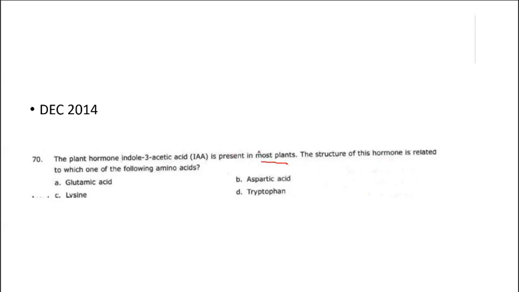Another signaling molecule, jasmonic acid, uses alpha-linolenic acid as its precursor, and the nature of this alpha-linolenic acid is a lipid. Now, you have to remember these.